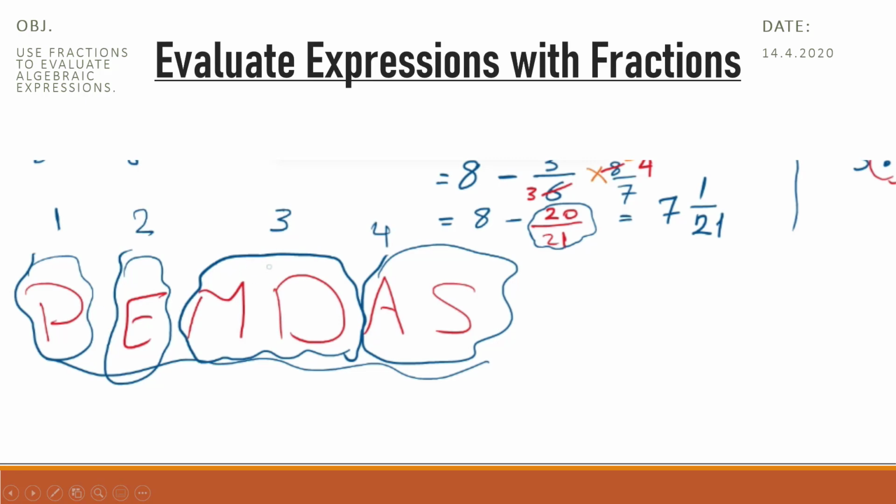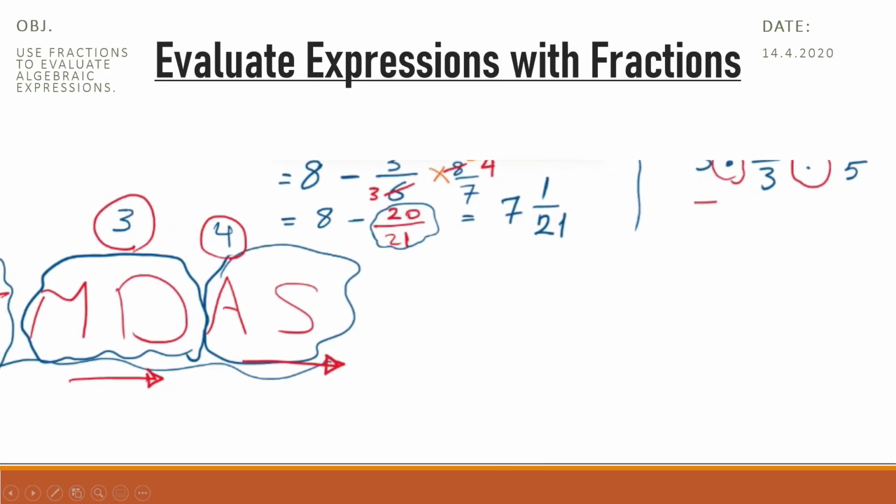So these two in the same step, start from left to right, and these two are also in the same step, move from left to right. So here I will move from left to right. I will find multiplication first. So this is why I will start with multiplying 3 and 2/3.